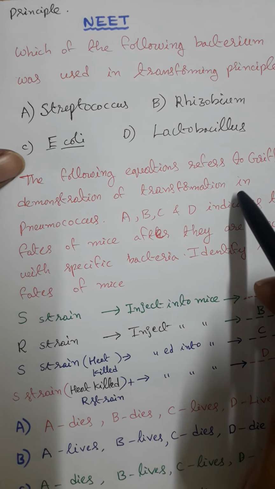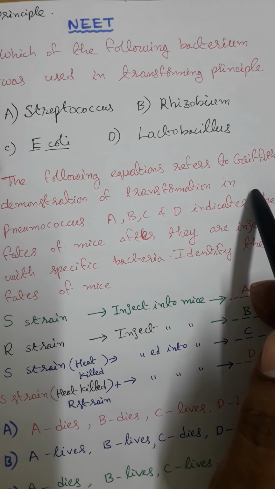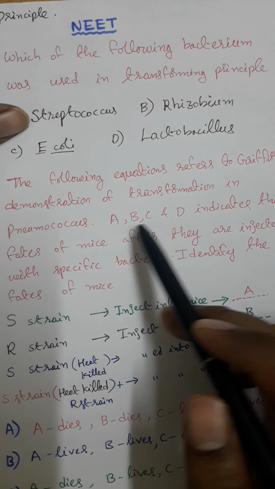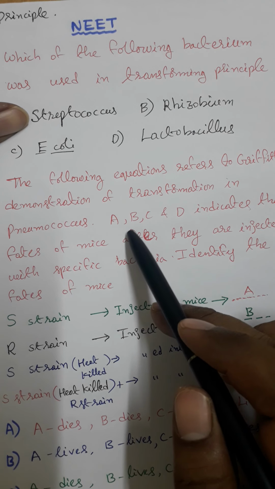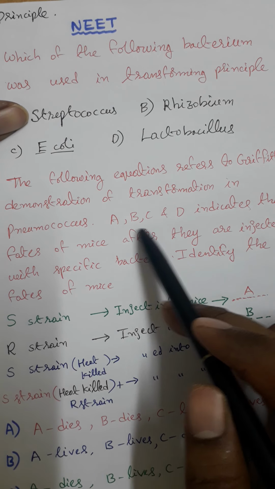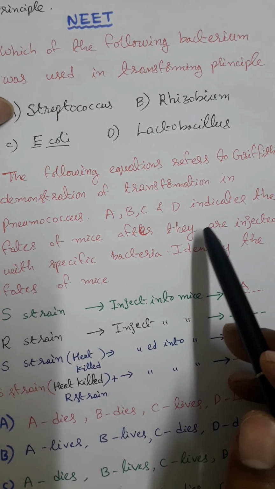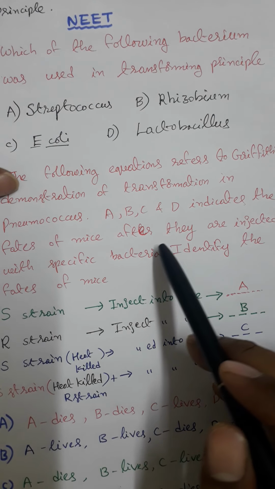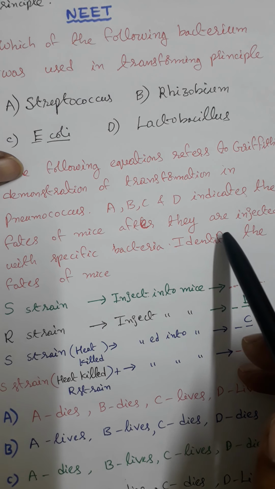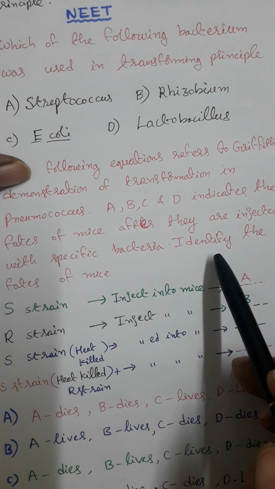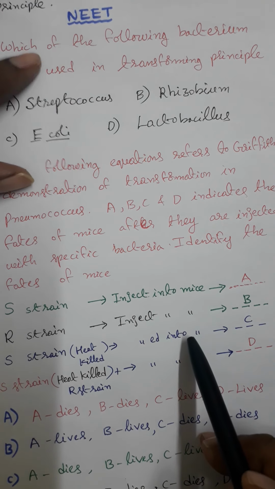And next question: the following equations refer to Griffith's demonstration of transformation in pneumococcus, Streptococcus pneumoniae. A, B, C and D indicate the fates of mice after they are injected with specific bacteria. Identify the fates of mice.